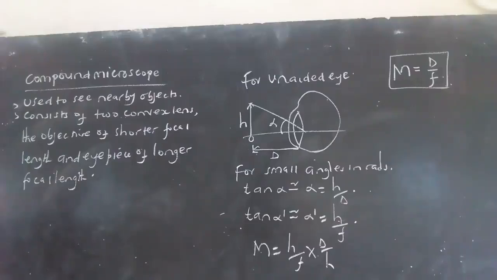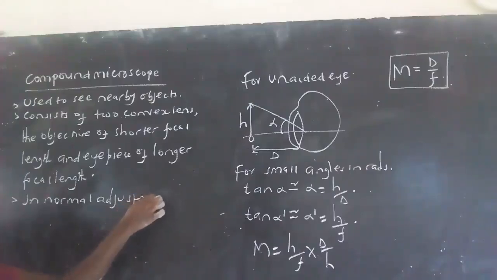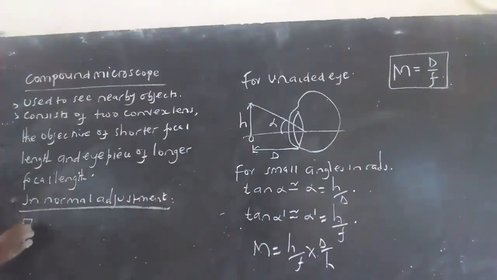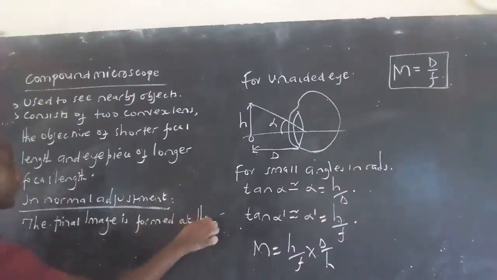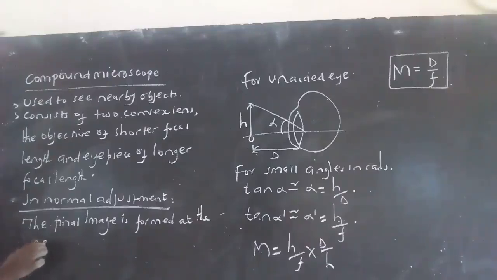Then from there, in normal adjustment, as I said, the final image is formed at the near point. At the near point.